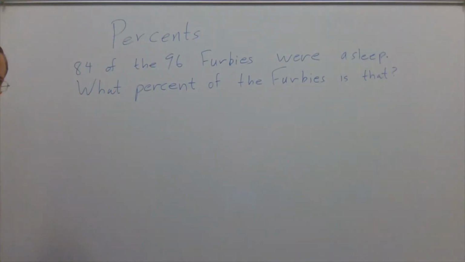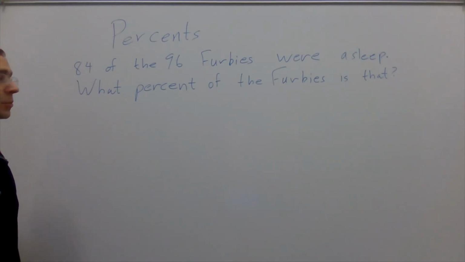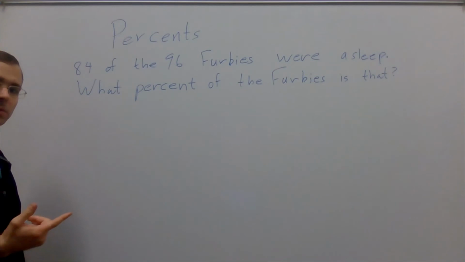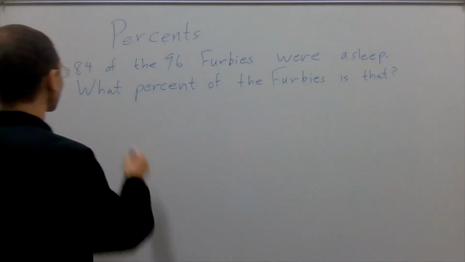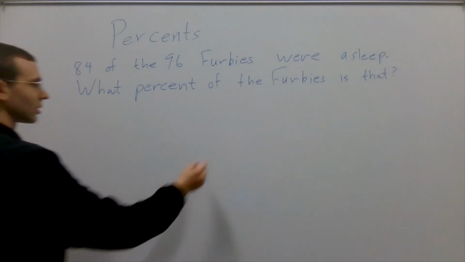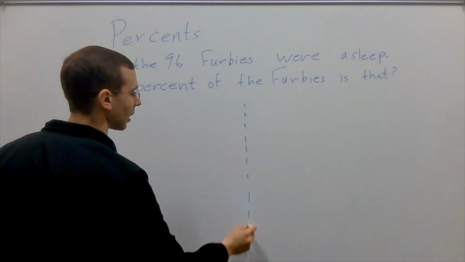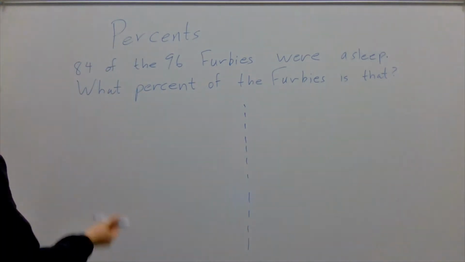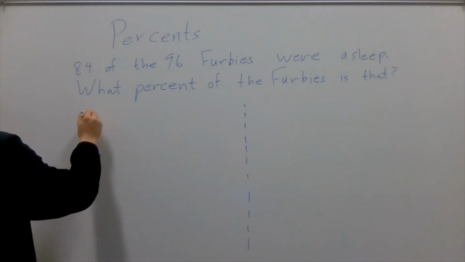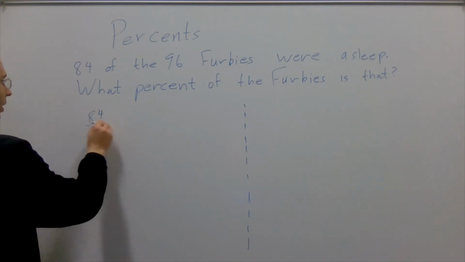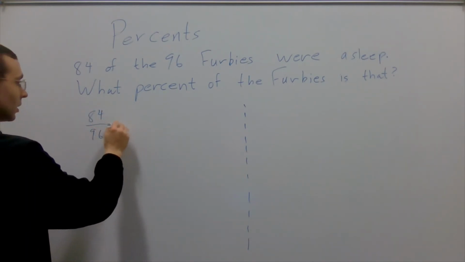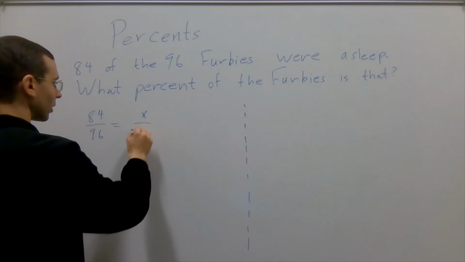All right, so here's one for you to try. Perhaps pause the video, give it a try, and let's see how you do. So first I'll do this as a proportion and then do it with our algebra. Either method will do. So we're looking at this way: 84 out of 96 equals x over 100.